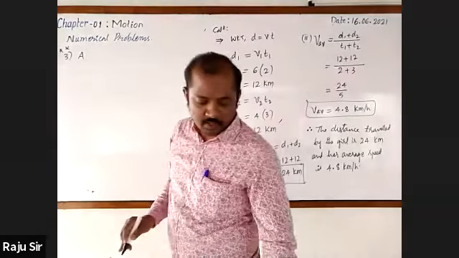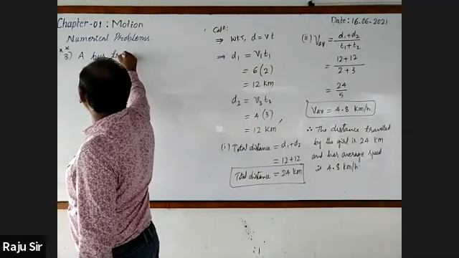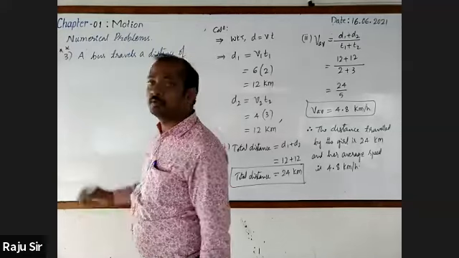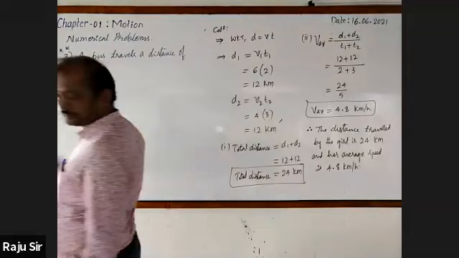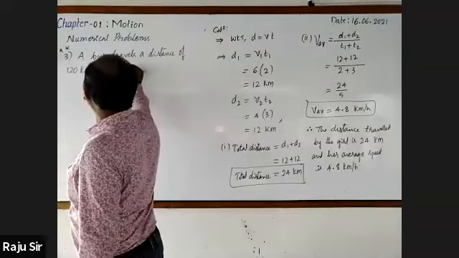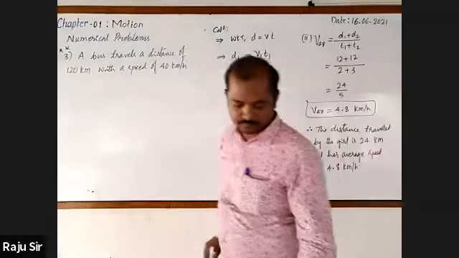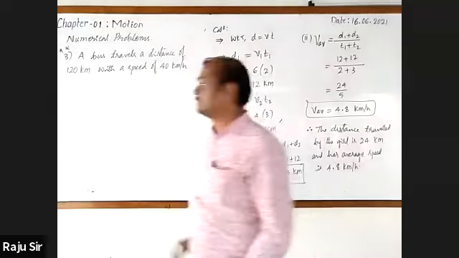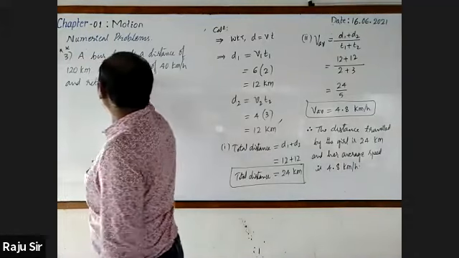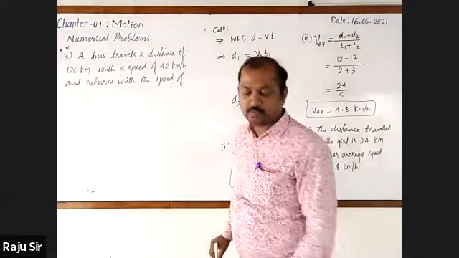Third one. A bus travels a distance of 120 km with a speed of 40 km/h and returns with the speed of 30 km/h.